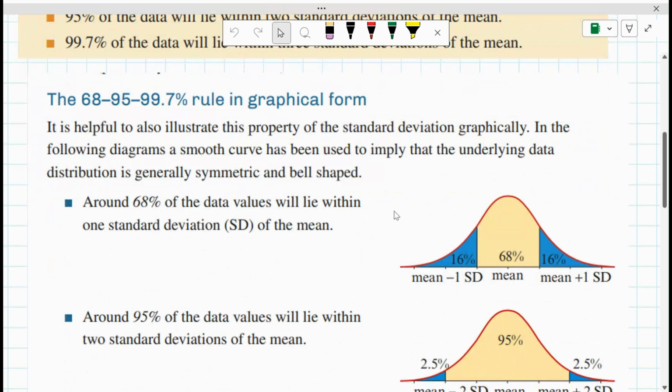We have a smooth curve every single time you draw the standard deviation.